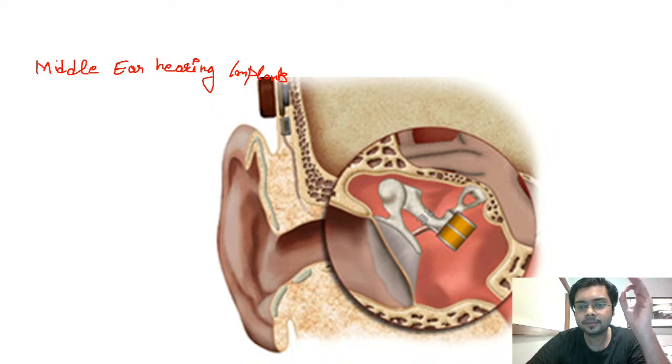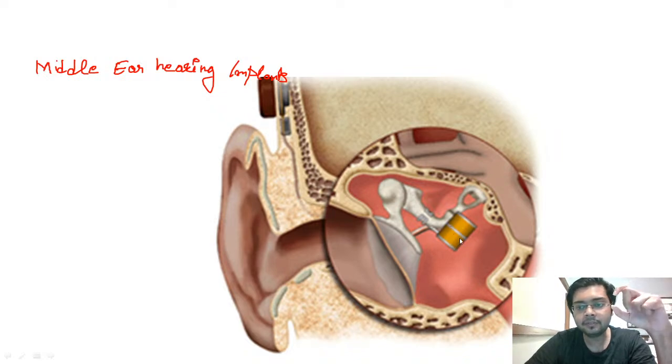What it does is amplify the vibration once any sound reaches the ear. So here the device that is externally placed creates a magnetic field, and this is your free floating magnetic transducer.